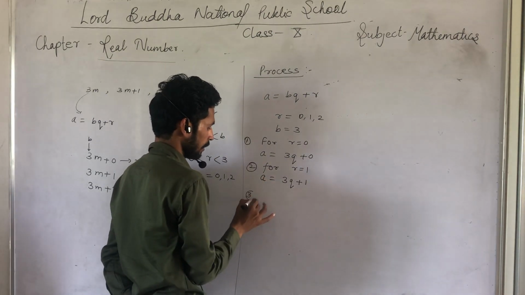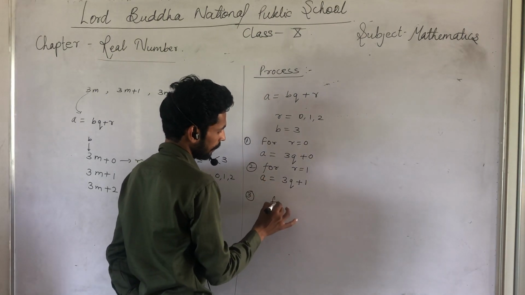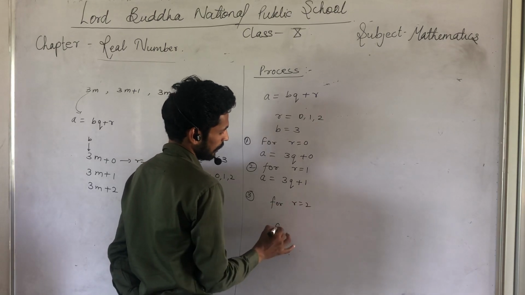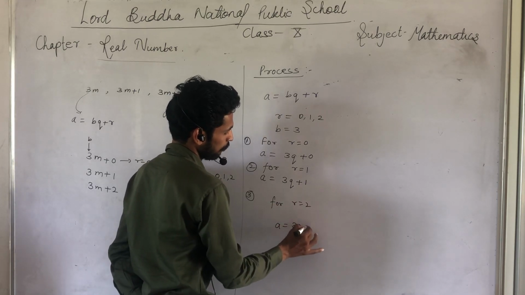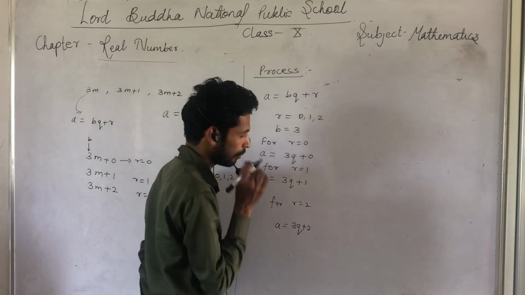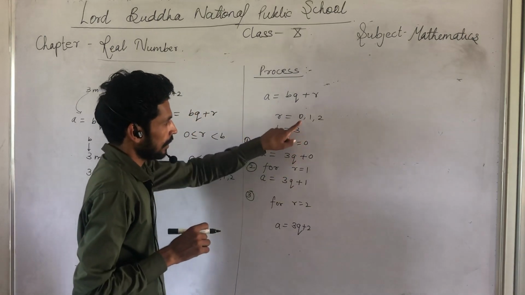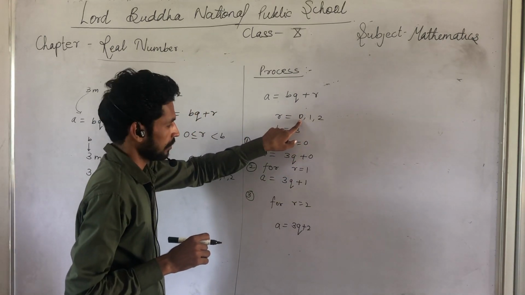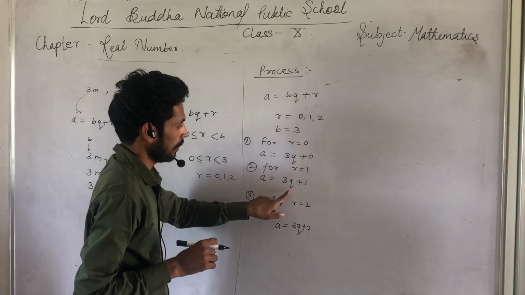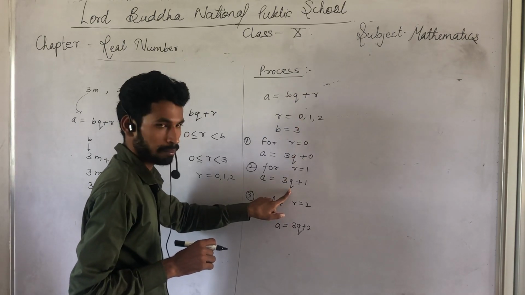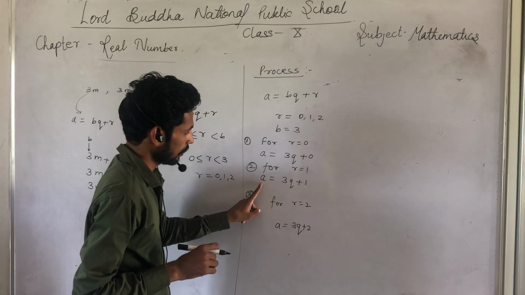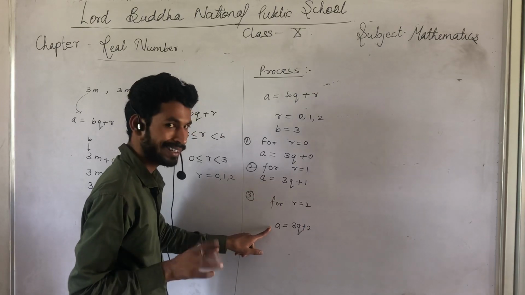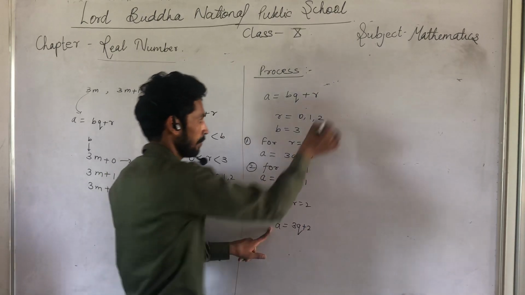And step number 3, when we take R equals 2, then A becomes 3Q plus 2. We know that R is a positive integer and Q is a positive integer. So the real number A will also be a positive integer.